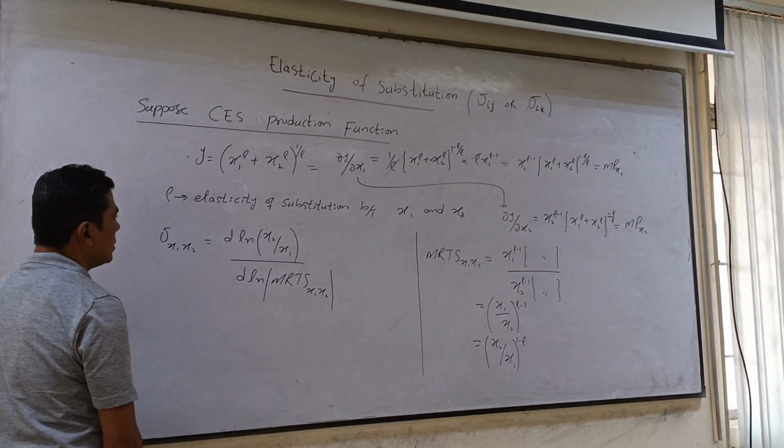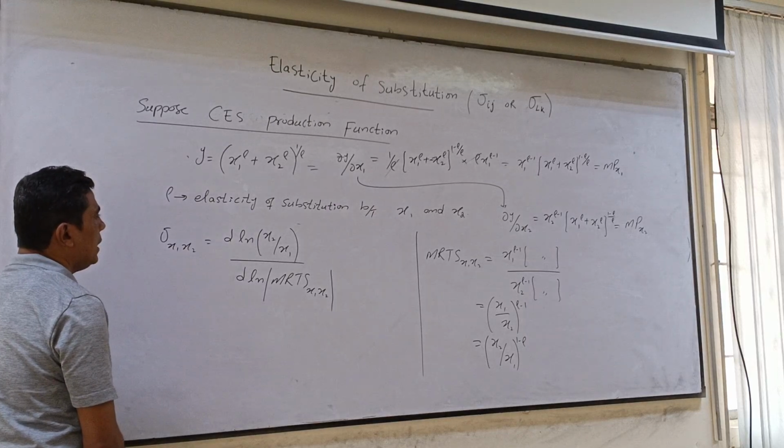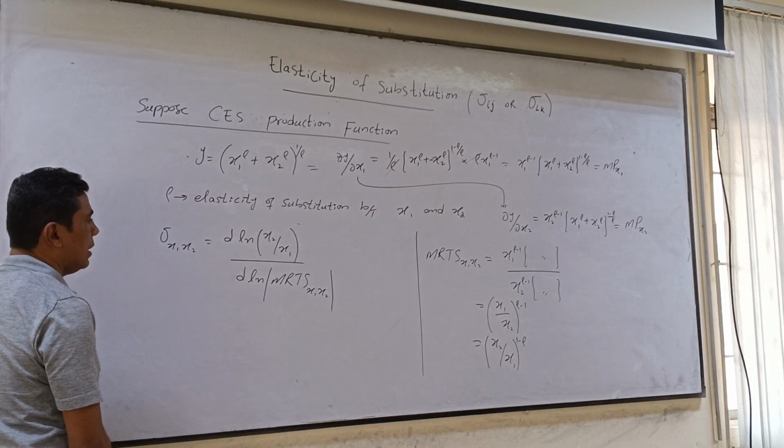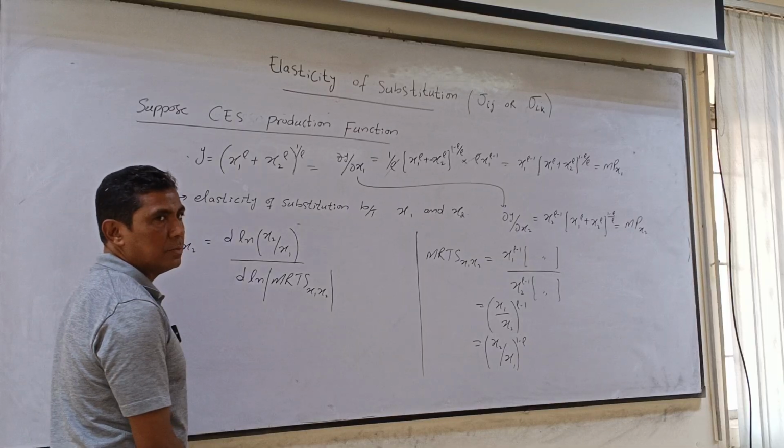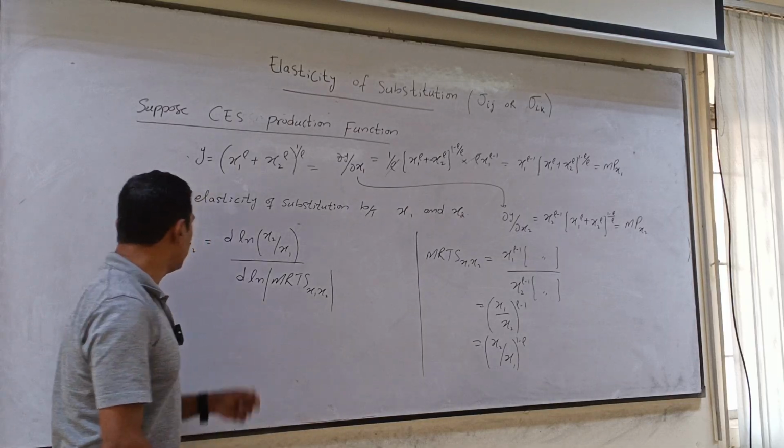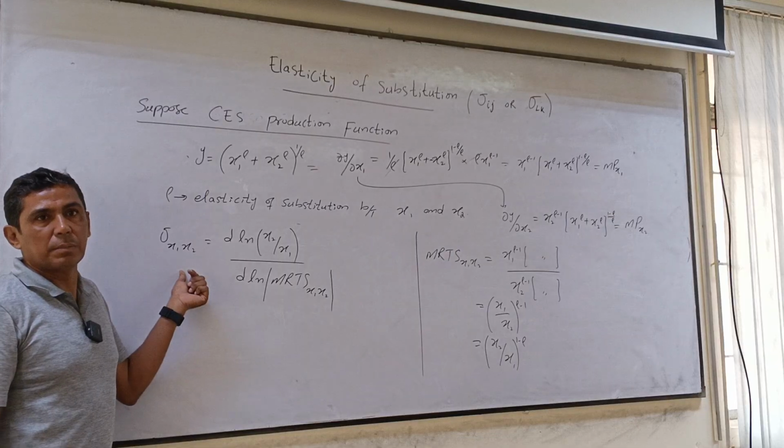That was the definition. D ln x2 over x1 over d ln MRTS between x1 and x2. It is the definition of elasticity of substitution.